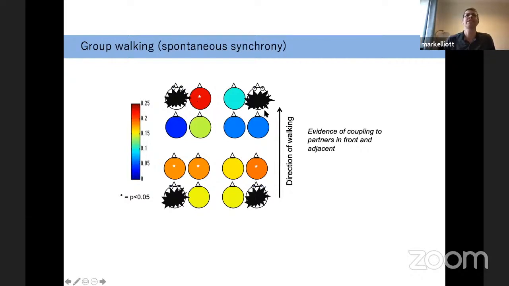At the front, we can also see, interestingly, we had a strong coupling, this is averaged across 5 groups, a strong coupling for the person on the left to the person on the right, but it wasn't bidirectional, so we only had a weaker coupling from the person on the right to the left, which could be some kind of hand dominance effect maybe.